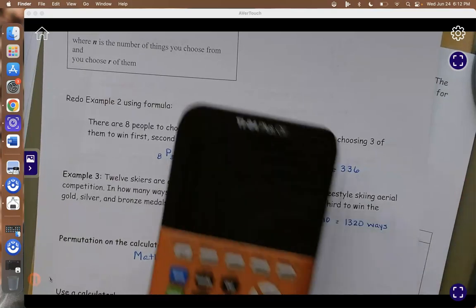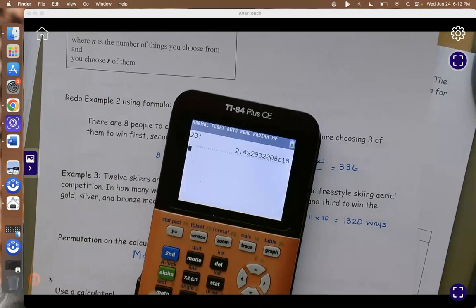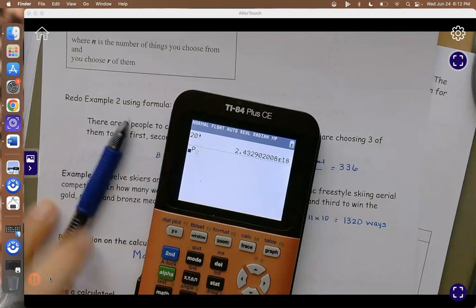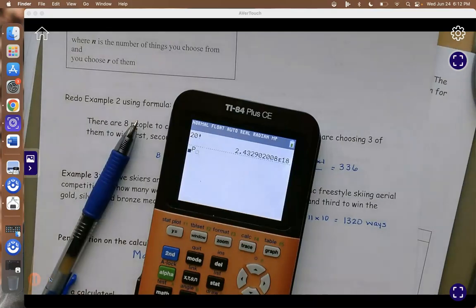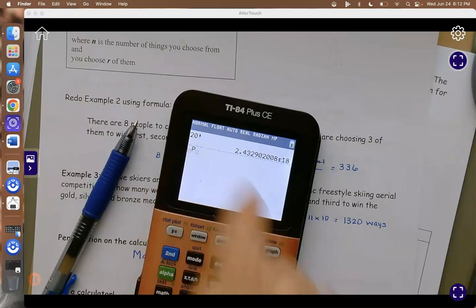So we're going to do math over the probability, option 2. Now, if you have a newer calculator, you have blinky boxes here. And if you have an older calculator, which I think this one is dead. That's lovely. Well, if this wasn't dead, you would see you did not have blinky boxes.